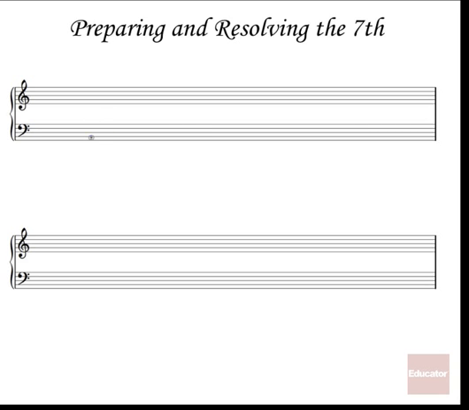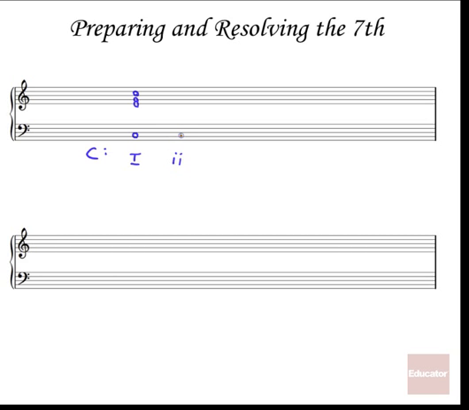So let's take some chords here. Let's say we're in C, and we're starting with C major, of course, E, G, C, and then let's move to a 2 chord.